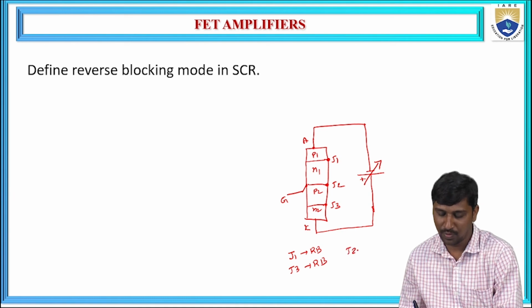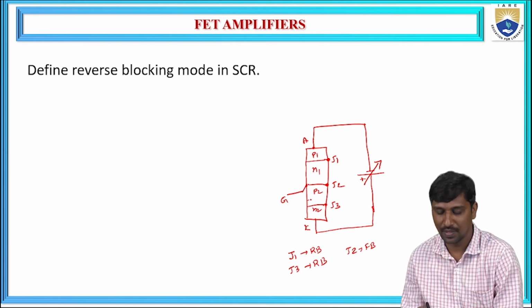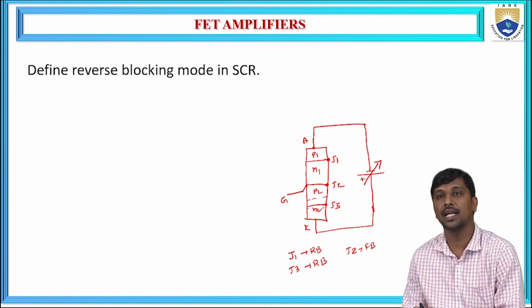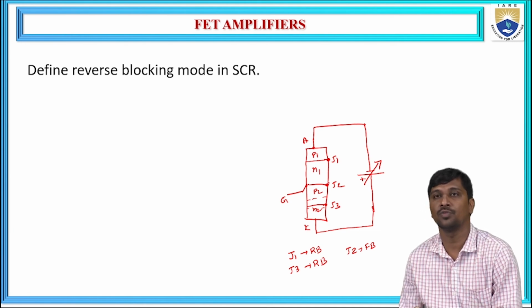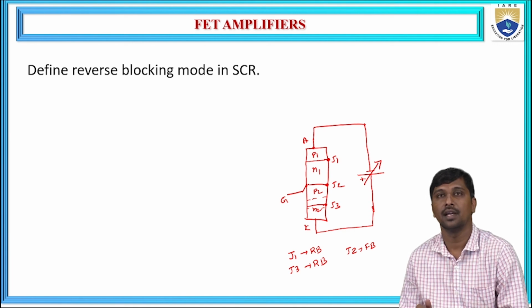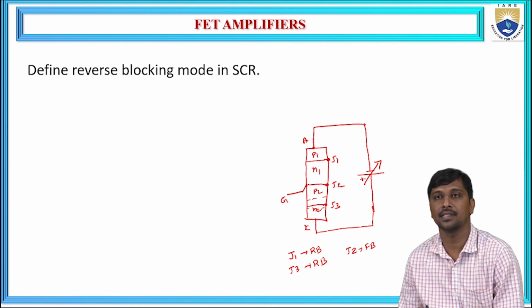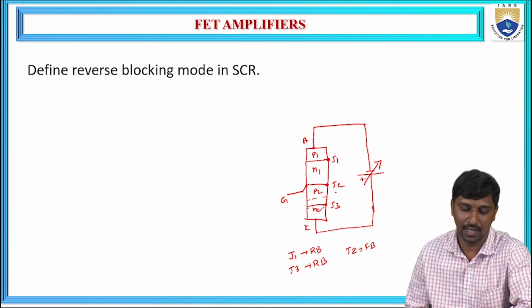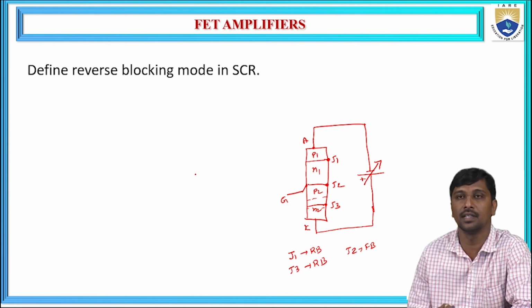But J2 becomes forward biased. Since J1 and J3 act as reverse bias, there is no movement of the charge carriers from the cathode to the anode. Hence, there is no flow of conduction or charge from anode to cathode. At this point also, the SCR acts as a non-conducting state. Hence, this is called the reverse blocking mode in an SCR.